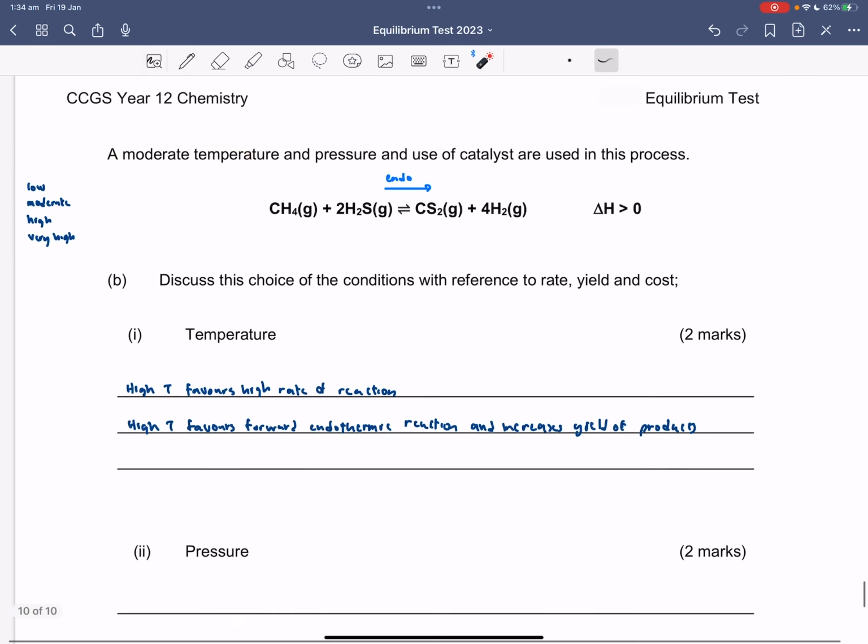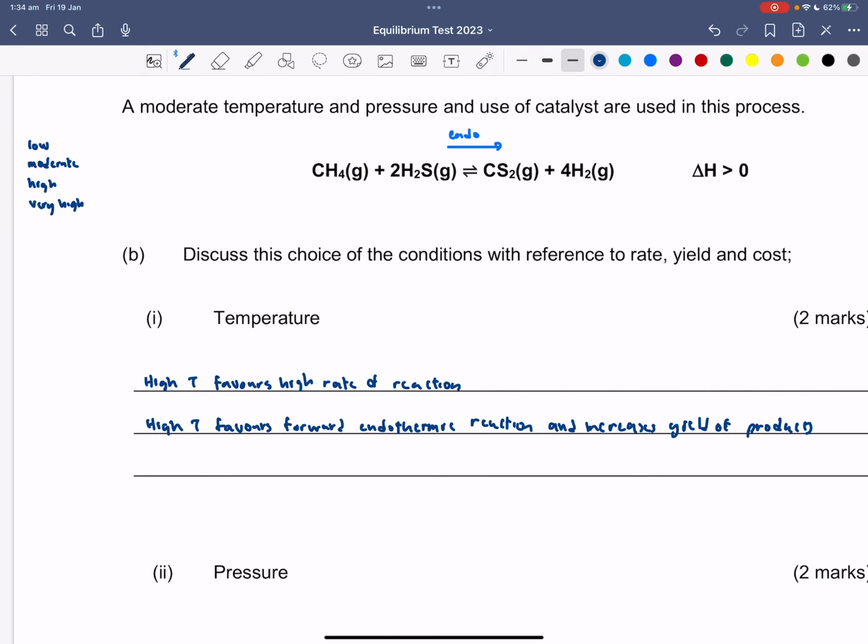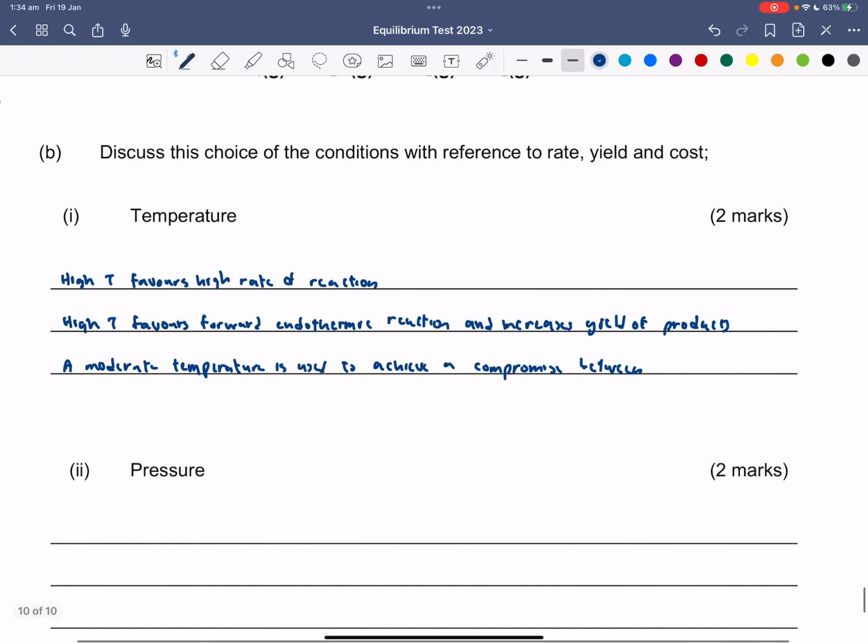But the fact that it still nonetheless says moderate, we can explain: a moderate temperature is used to achieve a compromise between reaction rate, yield, and production costs.